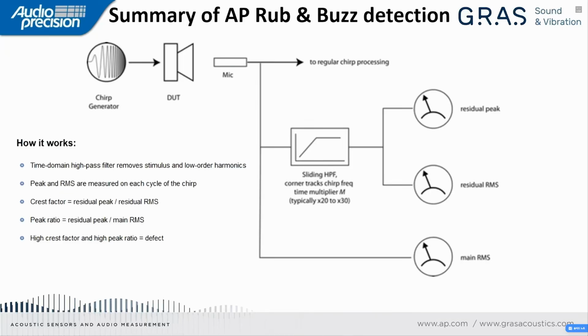And we also get the main RMS from the original acquired waveform. Crest factor is the residual peak over the residual RMS, and then the peak ratio is the residual peak over the main RMS. High crest factor and high peak ratio would normally indicate a defect.